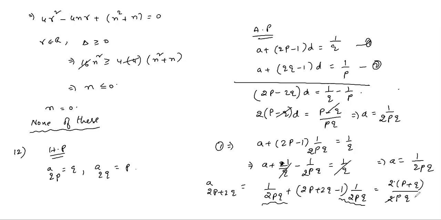So this is the (2p plus 2q)th term of the AP. The (2p plus 2q)th term of the HP is the reciprocal: pq by (p plus q). Okay.